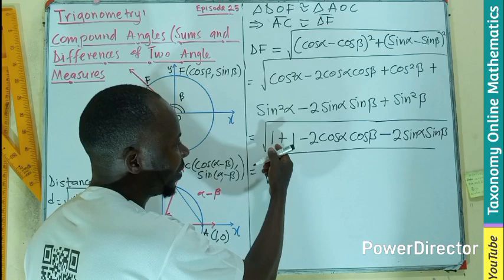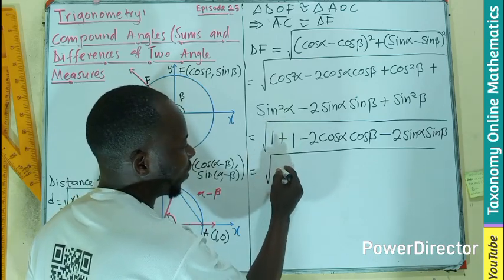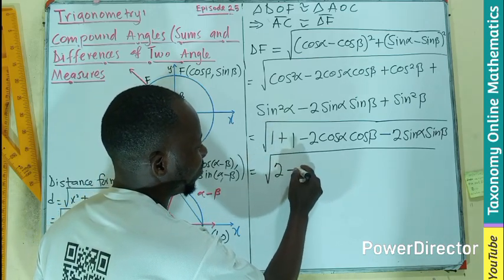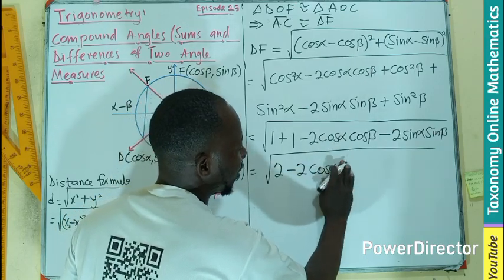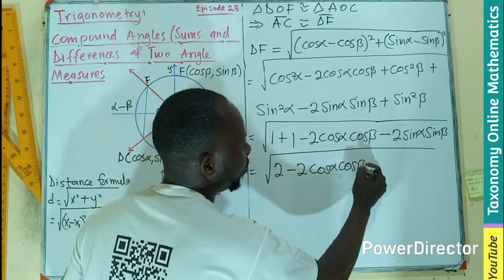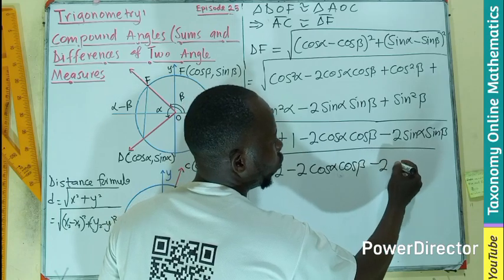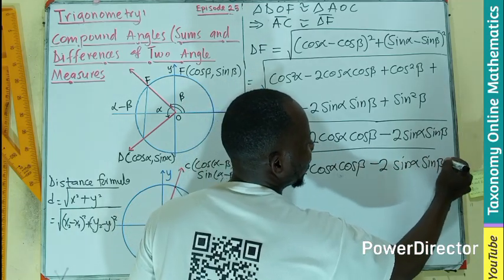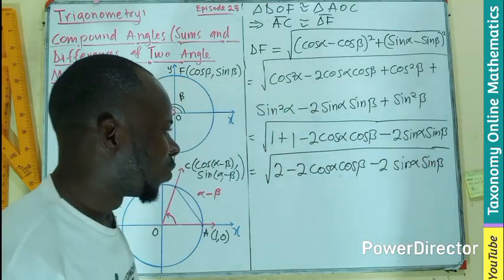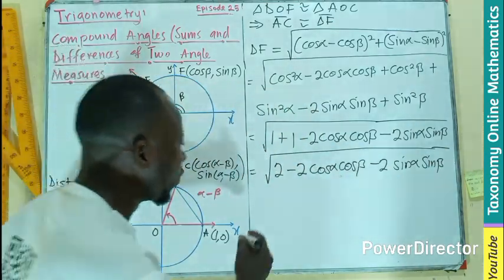So what do we do? This is going to be 2. Okay, let me write 2 minus 2 cos alpha cos beta, minus 2 sine alpha sine beta. So now we divide through by the 2.